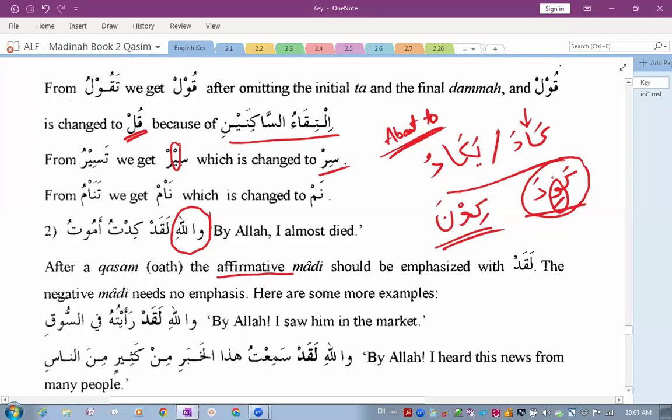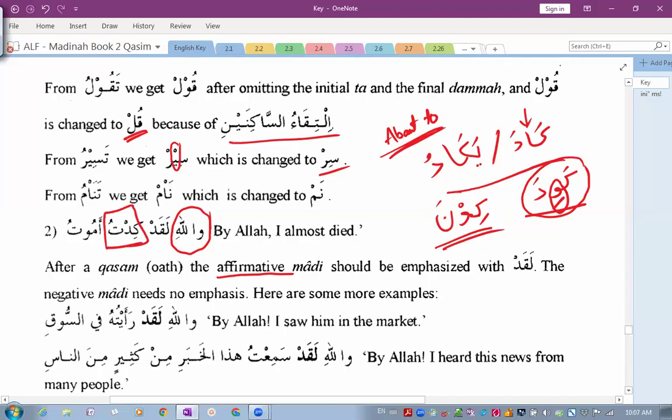This is up to 5. From 6 to 14, it starts taking kasra: kidna, kitta, kittuma, kittum, kitti, kittuma, kittunna, kittu, kitna. Kittu is this one over here.